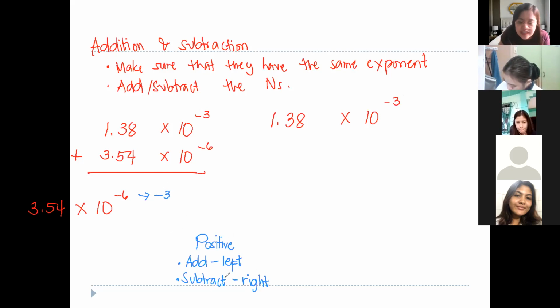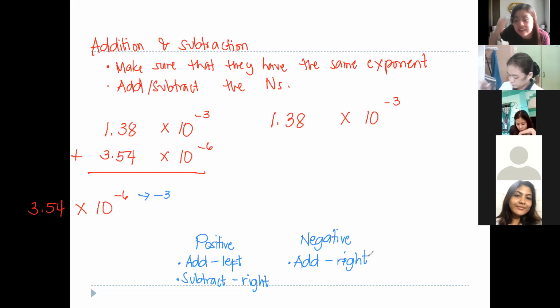Now, our rule for positive exponents is reversed for negative exponents. Meaning, if we want to add, our movement is going to the right. If we want to subtract, our movement is going to the left. They are opposite. So what do you think?